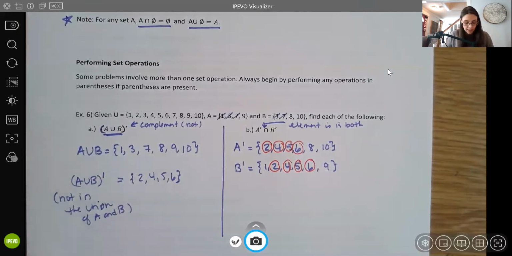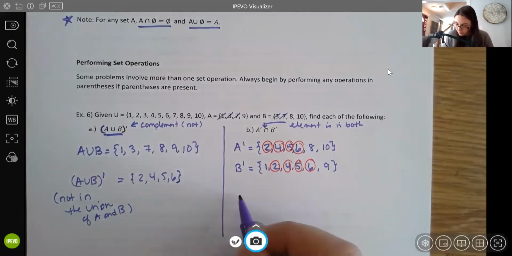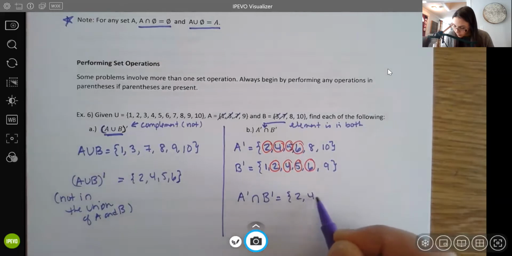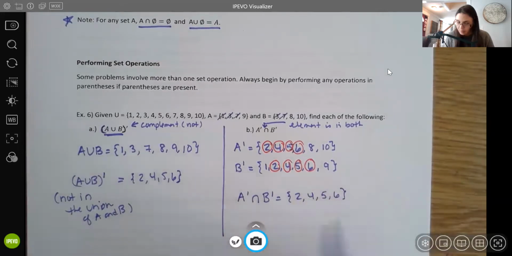And that looks like it. So I don't see any other numbers that are intersecting there. So I'm just going to go ahead and write that as my final answer. So A complement intersect B complement is 2, 4, 5, and 6.